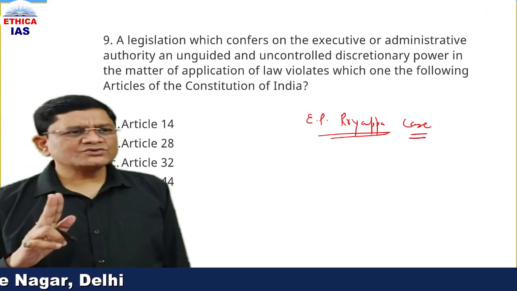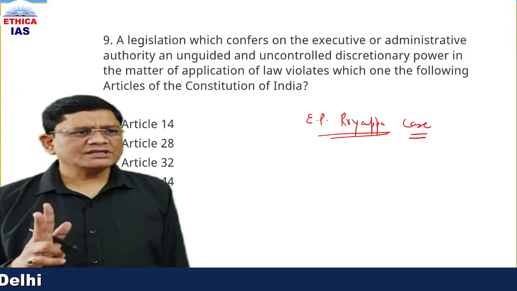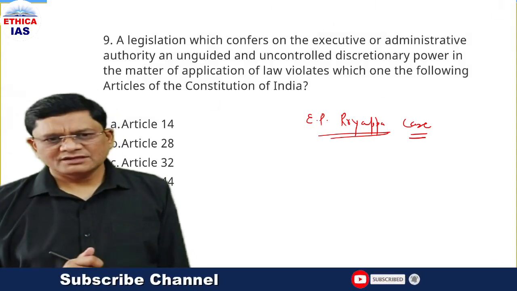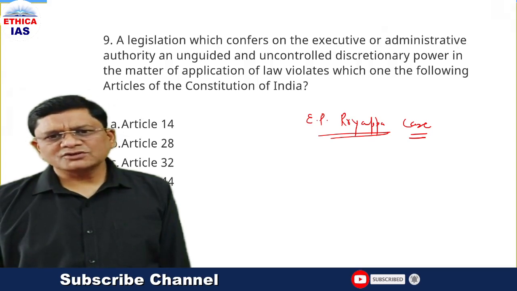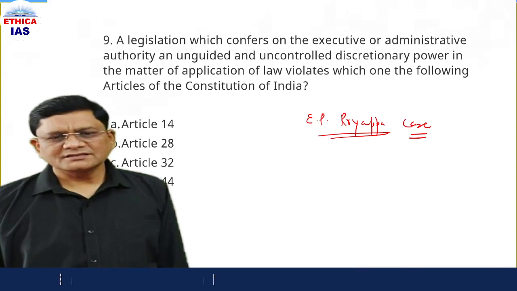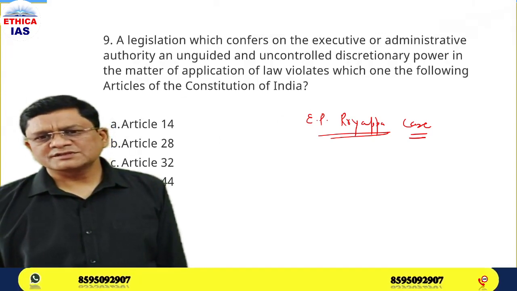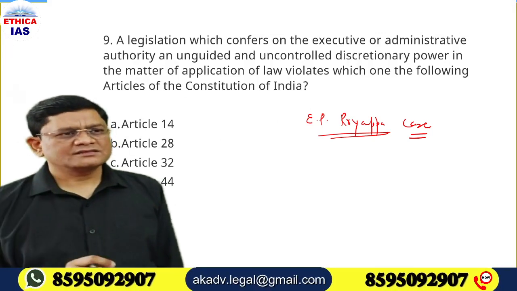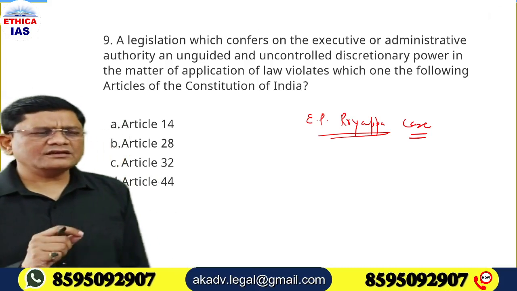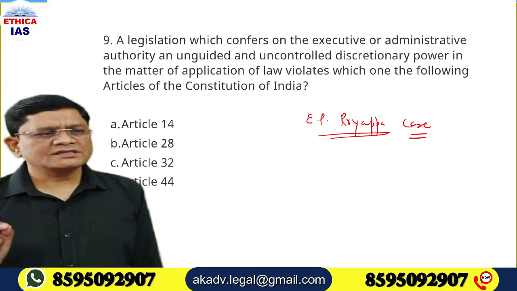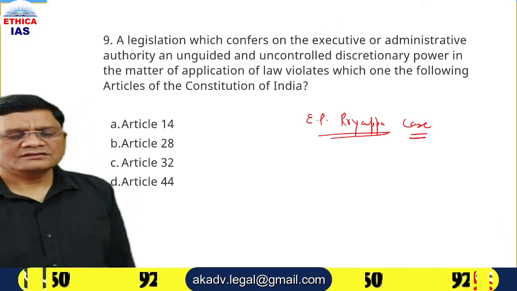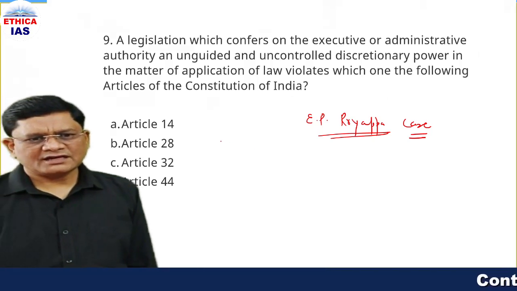So both are against each other: arbitrariness and the right to equality. Unguided and uncontrolled discretionary power means arbitrariness. And in the case of EP Royappa, the Supreme Court clearly declared that arbitrariness is against Article 14. So it violates Article 14.